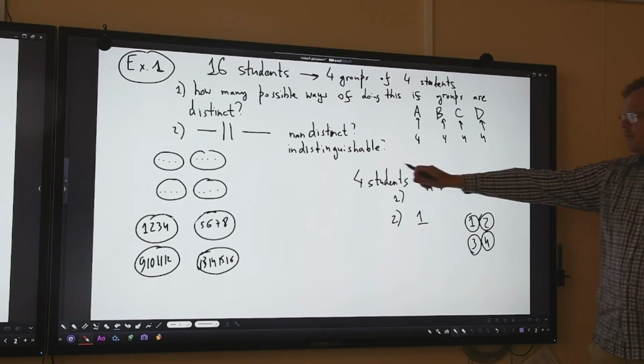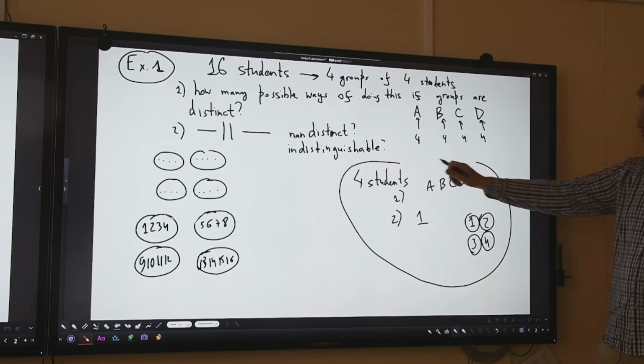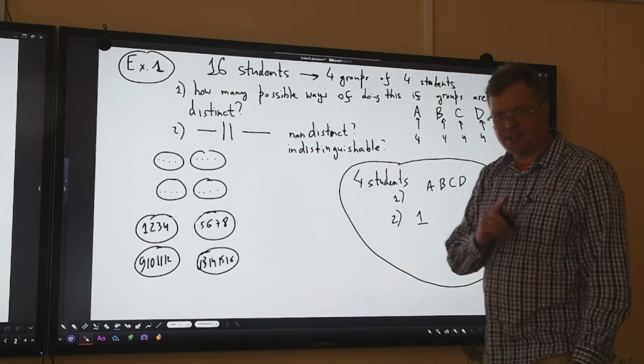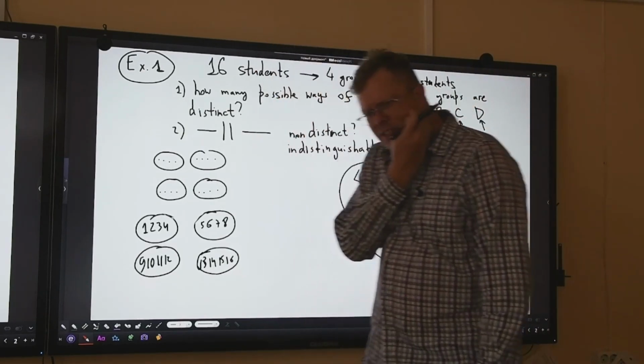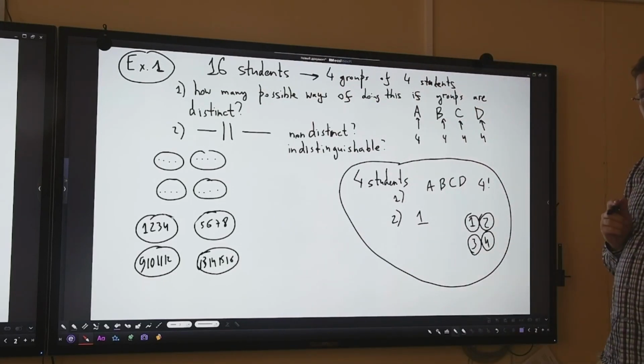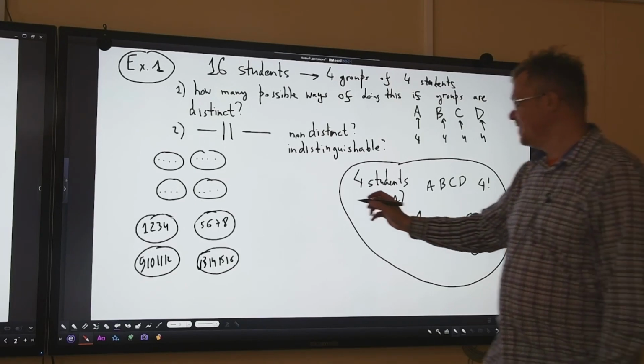So if we have 4 students, then for the first one it will be 4 factorial, and the second will be 1. And Vahid sent me an answer: 16 factorial over 4 factorial.